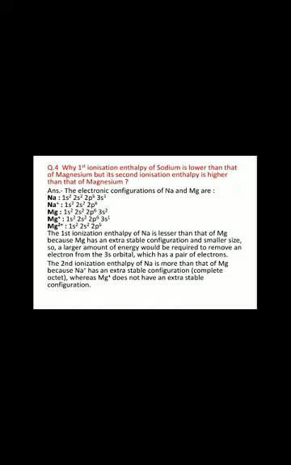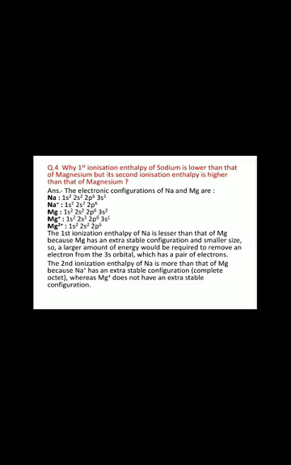In sodium it is very easy to remove the outermost electron, that is in 3s, because after the removal of this one electron, sodium will become very stable due to noble gas configuration. But when one electron is removed from magnesium, it forms Mg+ with unstable electronic configuration.